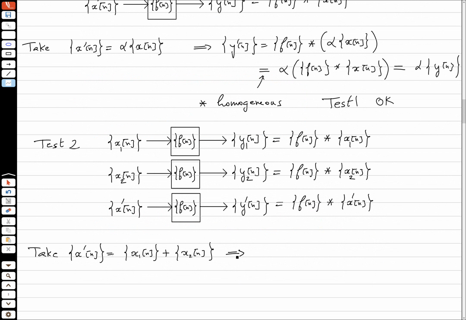Then y prime is going to be the convolution between f and this, right?